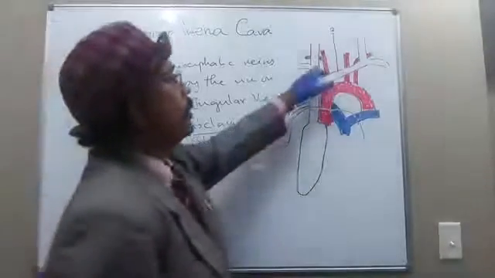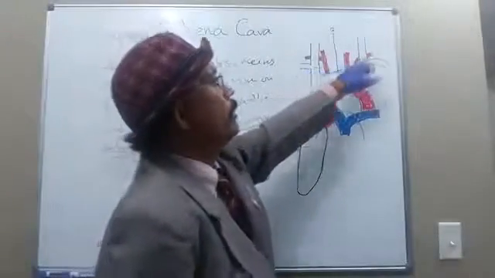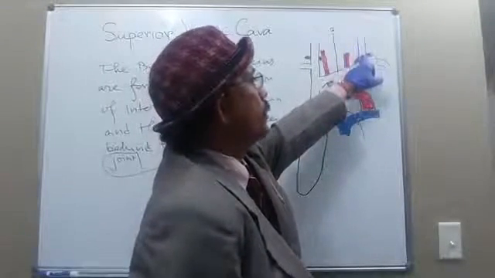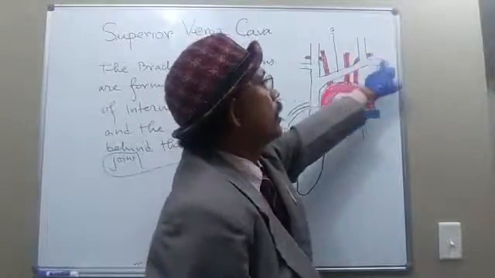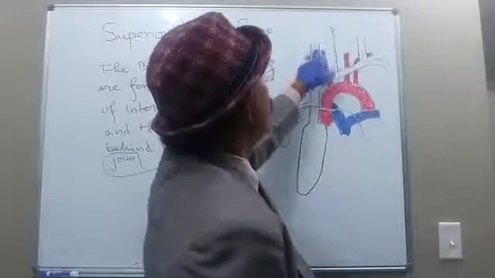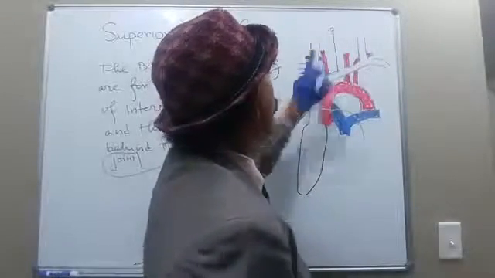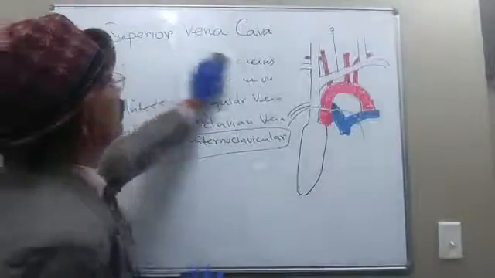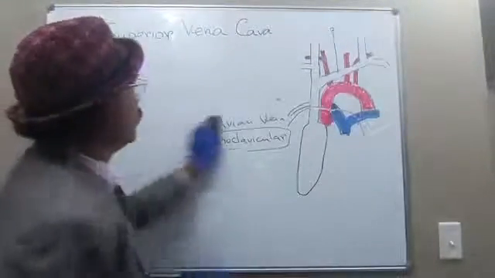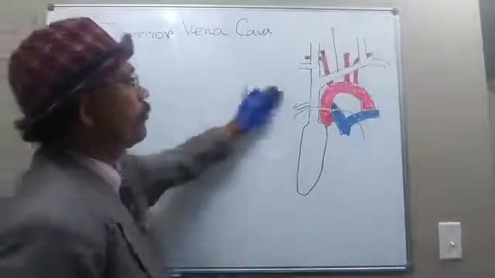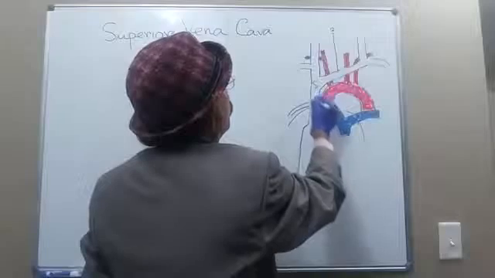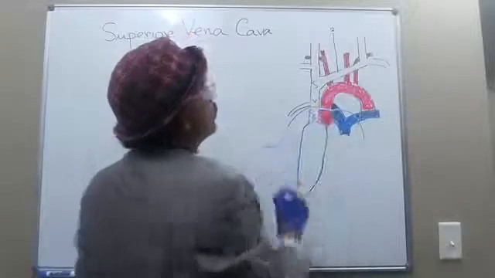There is the formation of the right and left brachiocephalic veins. Then these two veins unite to form the superior vena cava.